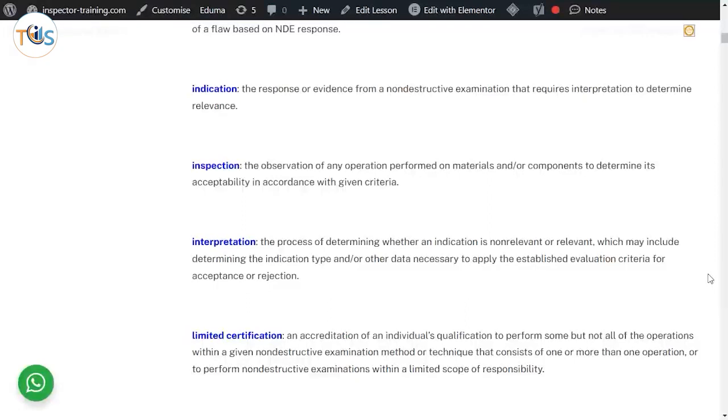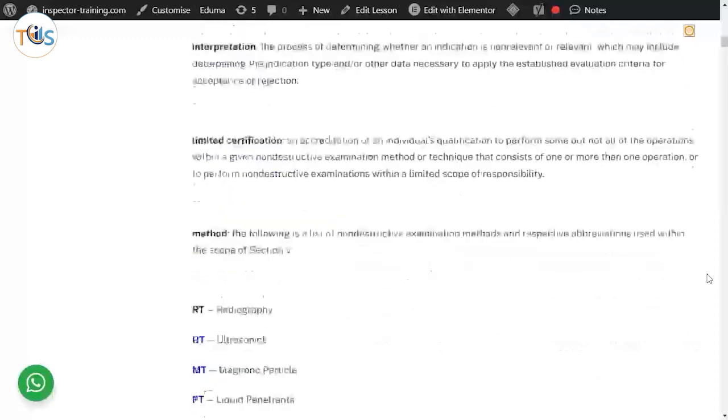And as we said, you try to find out what it is, the size, the shape of it, and where it is located. Then you go for evaluation, which is comparing it with acceptance criteria and accept or reject.